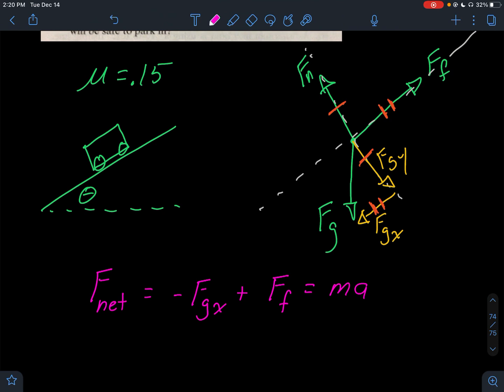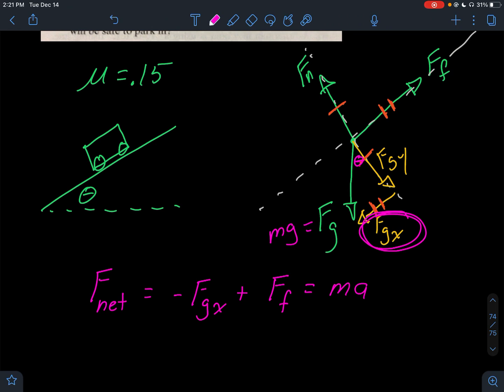So here we go. FGX, what do we know about FGX? It's equal to force of friction. Well, how can we solve for this? If we had the mass, we could calculate force due to gravity because we know Fg equals mg. Oh, and my angle that I'm looking for is right there.